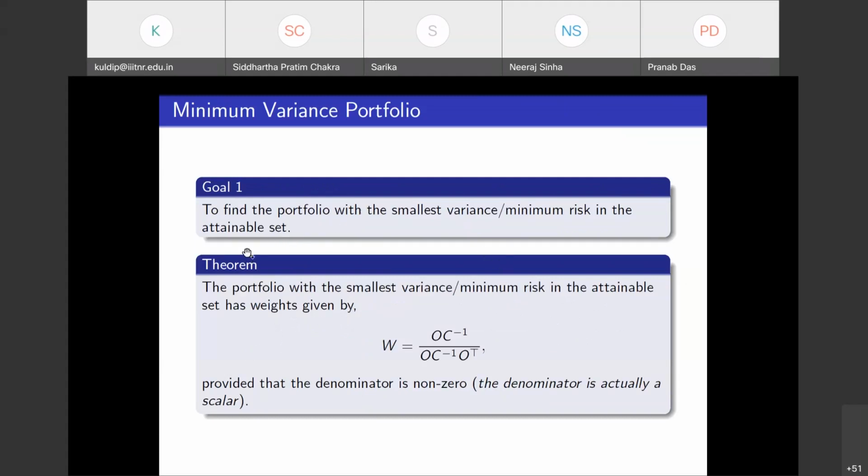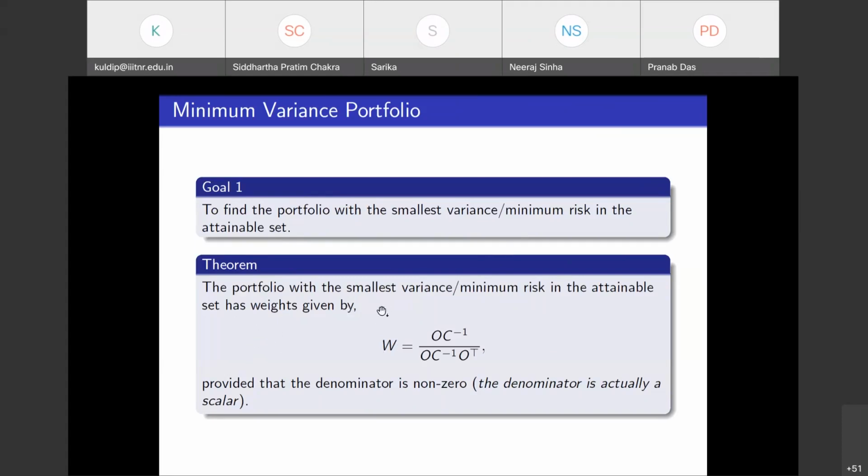So what we are going to do now is the same exercise that we had done in the case of a two-asset portfolio, to find the portfolio with the smallest variance or smallest risk amongst all combinations.